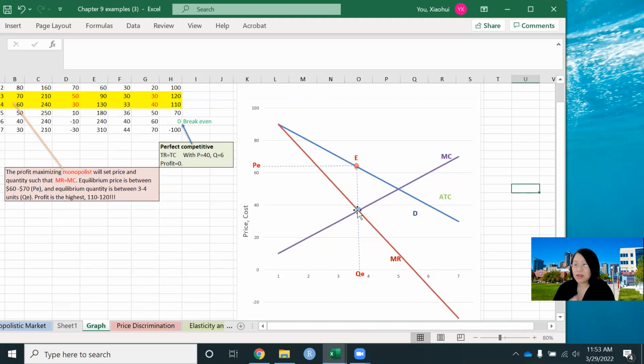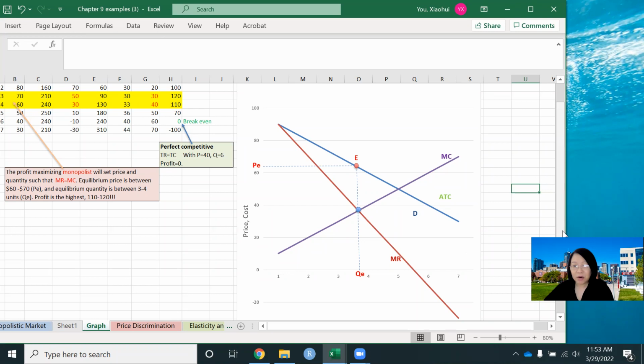Find this point. The next step is you try to find the quantity and price associated with this point, and profit as well. Now let's look at, see, this is the price, right?